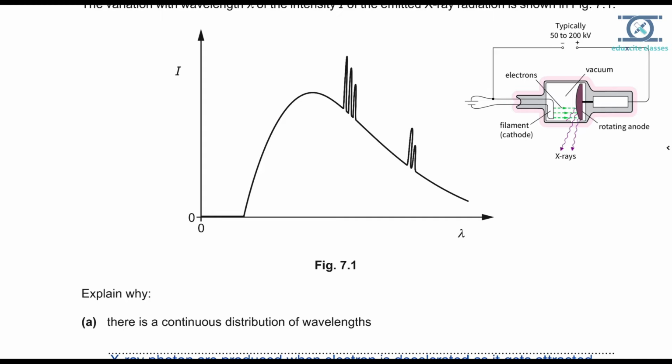This does not need to be drawn; I have just put it here in order to explain. You can see these are the high speed electrons, typically provided with a very large potential difference. This is the metal target.